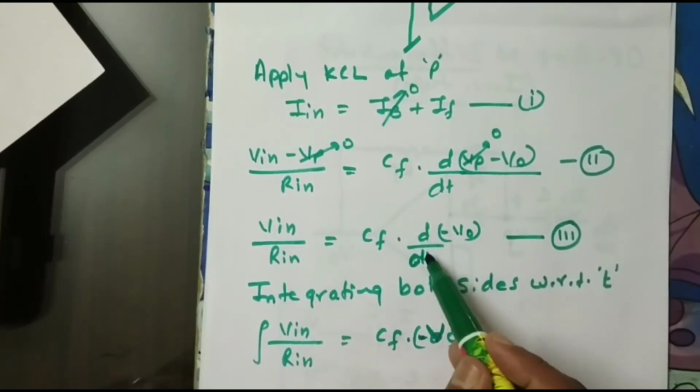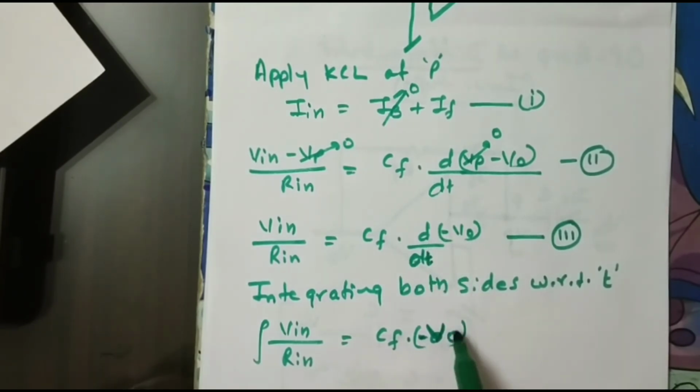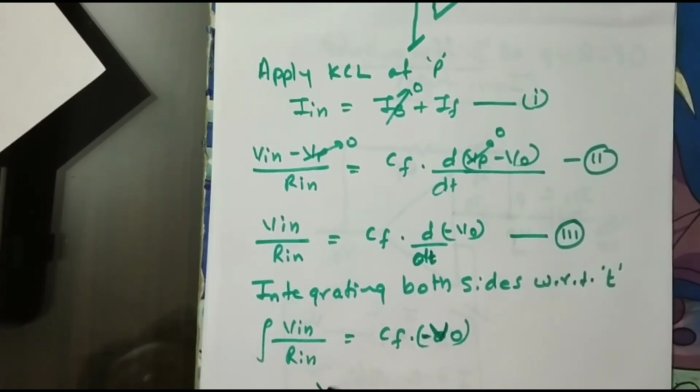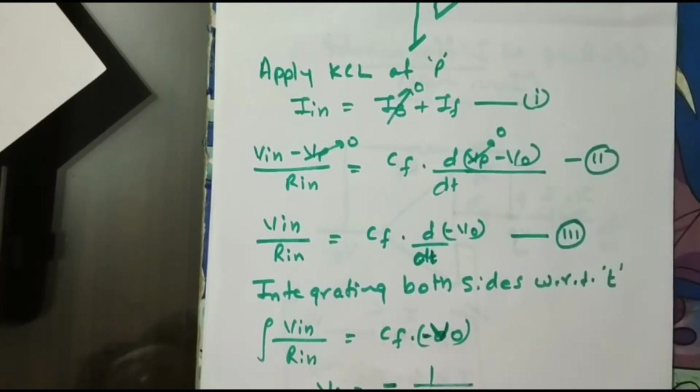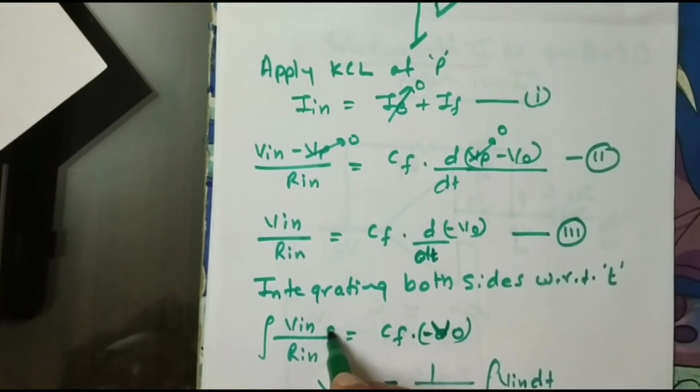Why so? Because here it is differentiation. On integrating, this will be cancelled out and only the V0 will be obtained. Therefore, the final output equation becomes V0 is equal to minus 1 by Cf into Rin integration of Vin dt, plus C.